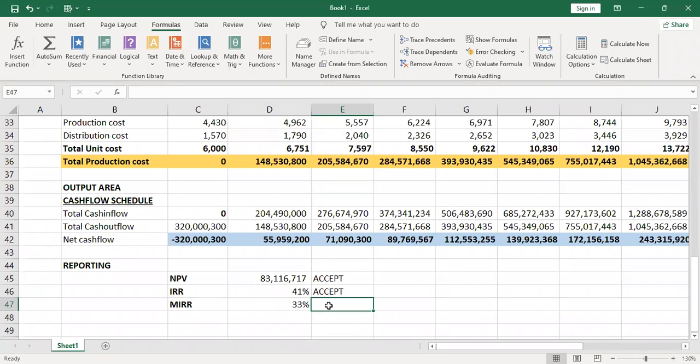Scenarios help you look at the key input factors of the project and the project's viability, because some key input factors may change and the project's viability may change from accept to reject or from reject to accept.